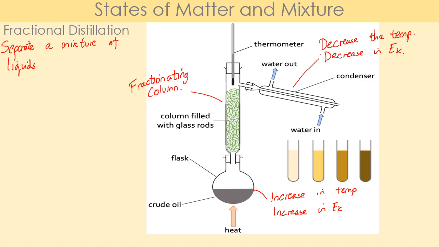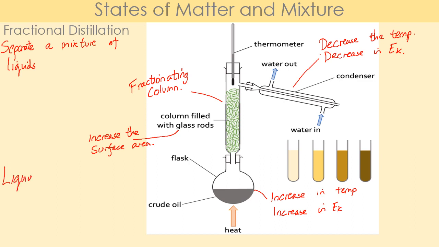Now, the tiny glass rods there increase the surface area. And that allows us to make sure we only get the liquid we want evaporating or boiling and becoming the gas.